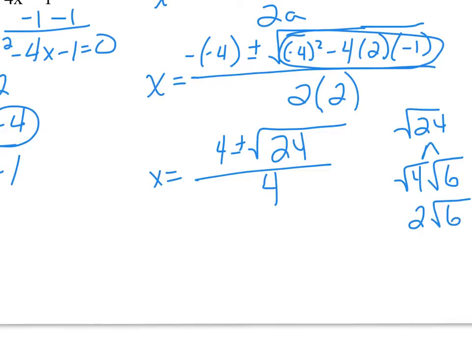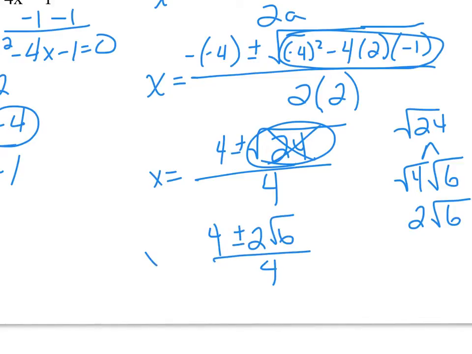So right there, where this 24 is, I write 2 radical 6 over 4. And that's the answer. Now it's not fully simplified, so let's fully simplify it. What you need to do, and this is very important, is notice that there's 1, 2, 3 outside numbers, everything outside the radical.